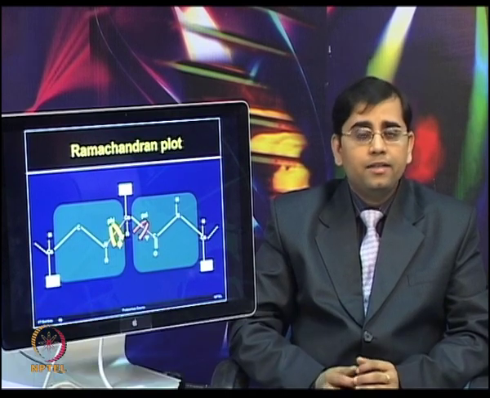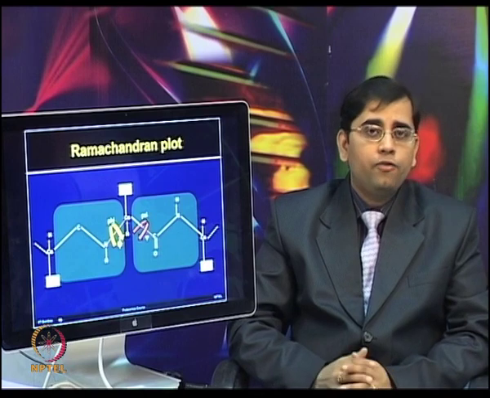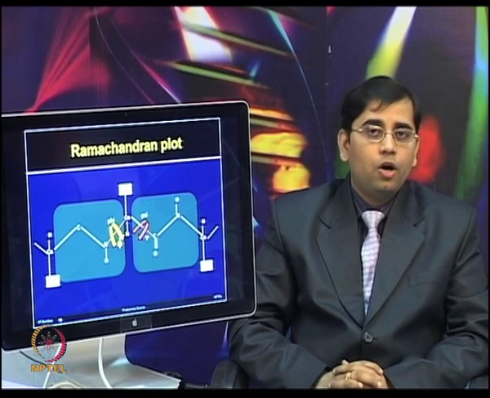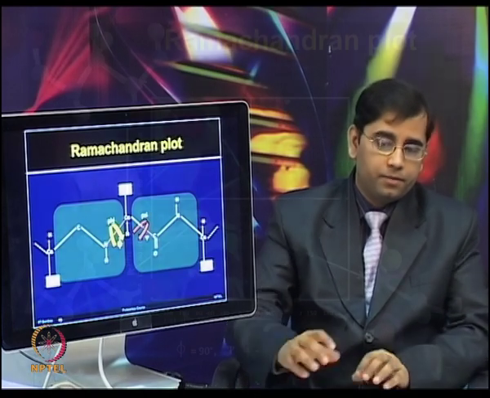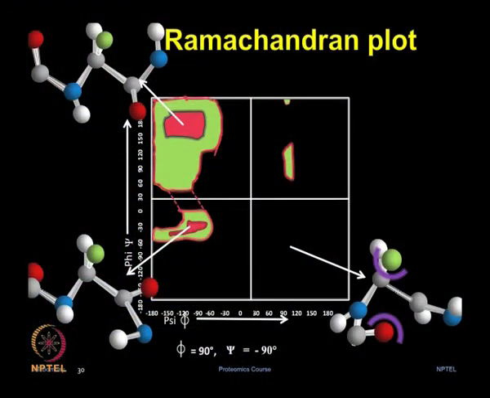Therefore, steric exclusion can be a powerful governing factor for organizing such a plot. Now, you can see it more clearly in this slide, the Ramachandran plot, where the most favorable regions are shown in dark green and less favored regions are shown in light green.